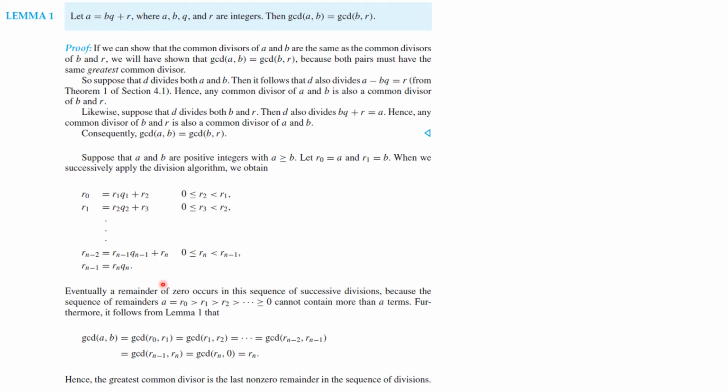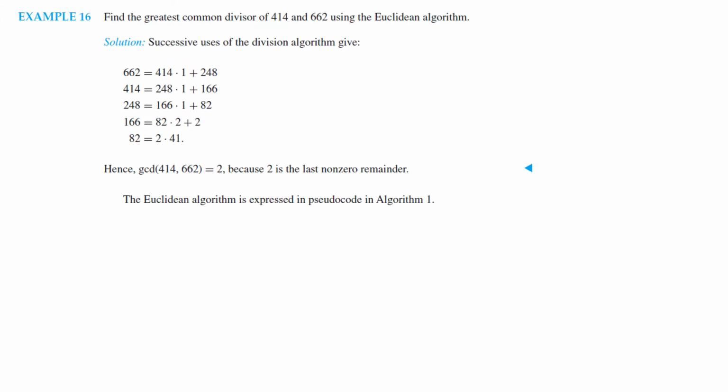You keep on going until you hit 0 as a remainder, and the answer is the last non-zero remainder. So eventually a 0 occurs, because you cannot have infinitely many terms here. So from lemma 1, they all have the same GCD, and so that says that the algorithm works.